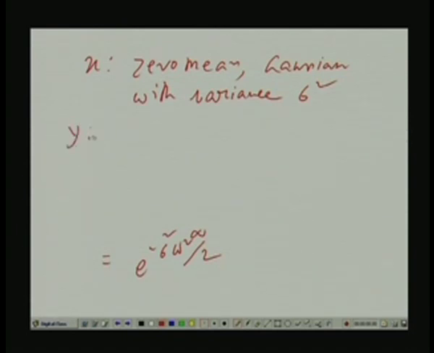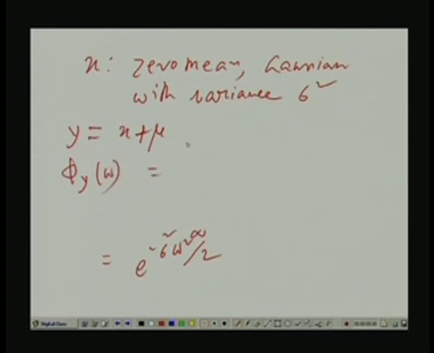Suppose y is a random variable, once again Gaussian with the same variance sigma square, but with mean mu, which means y is actually x plus mu. Okay. What will be the characteristic function now? What is phi y omega?